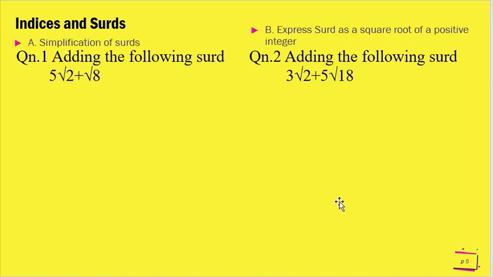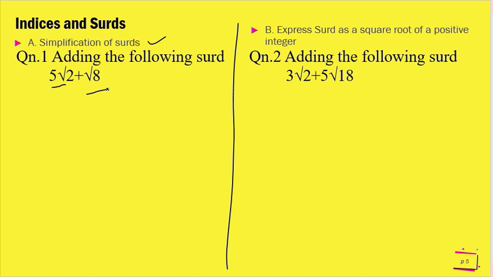Now let us see some very good examples, and we will start with adding and subtracting surds.